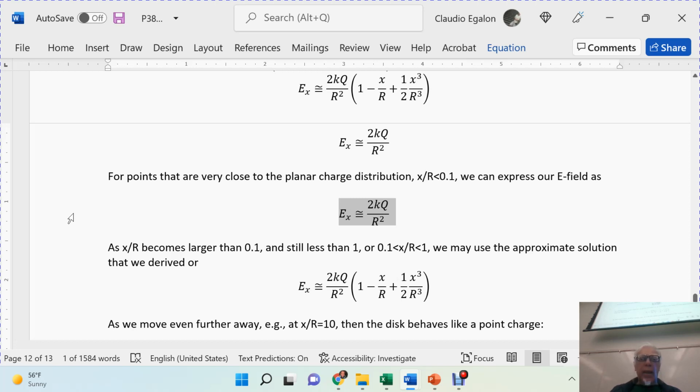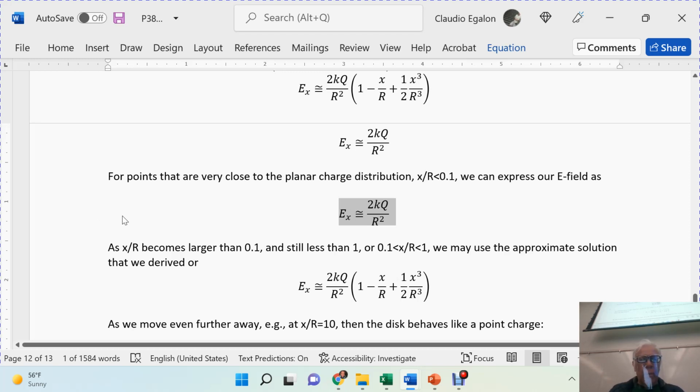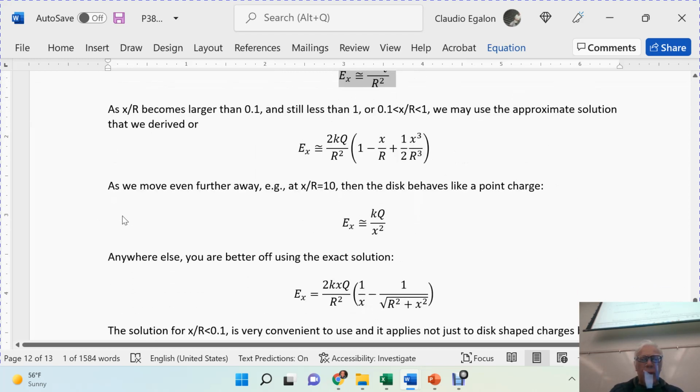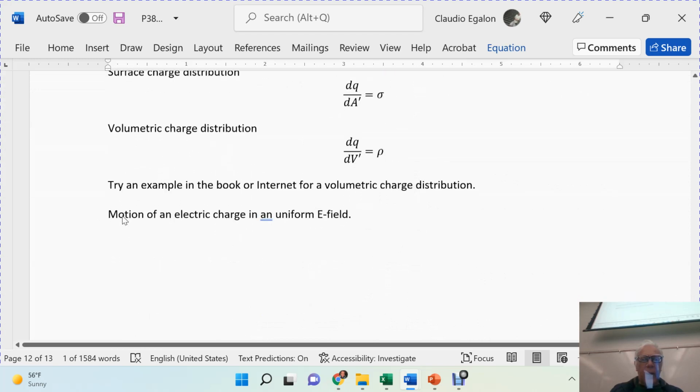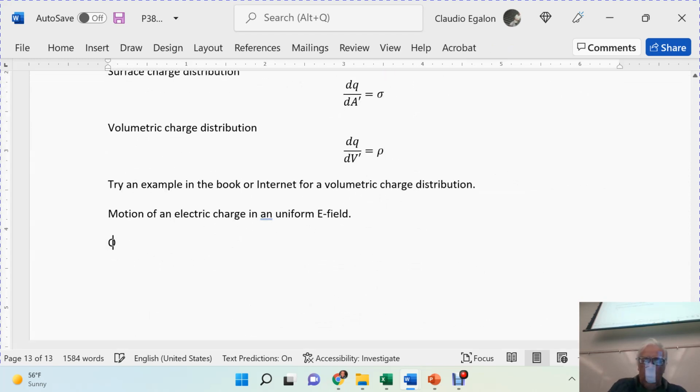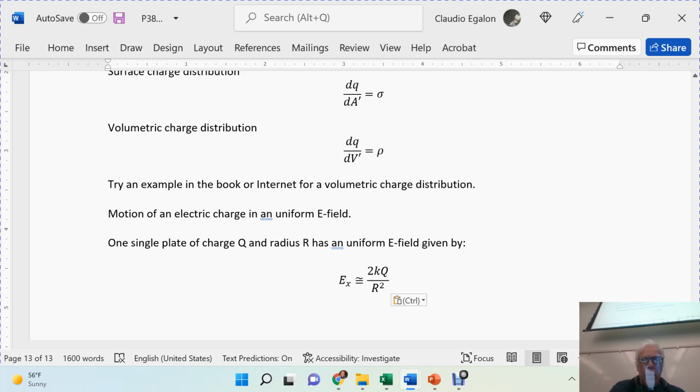Okay, remember, one single plate of charge q and radius r has a uniform electric field given by something like that.